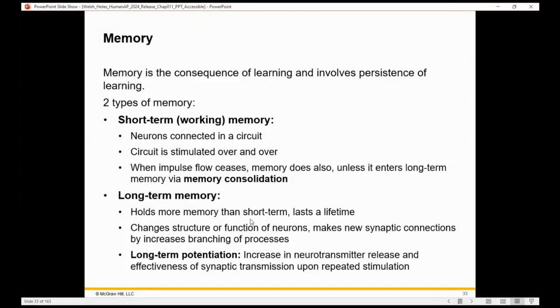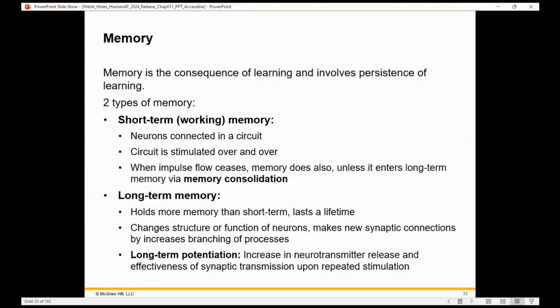Long-term memory holds more than short-term memory and lasts a lifetime. It changes the actual structure or the function of the neuron, and it makes new synaptic connections by increasing branching of processes. So when you are learning to try to memorize things, it creates actual physical connections between these neurons.